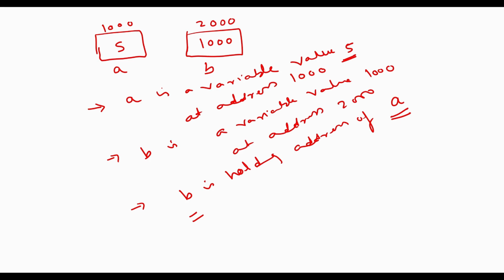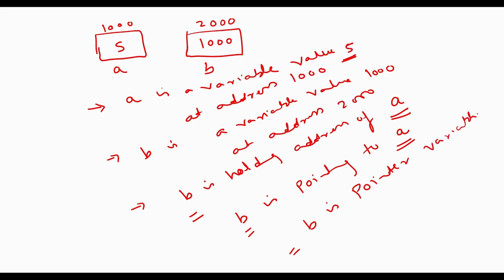If I make a relationship, B is holding the address of A. So I can say B is pointing to the variable A. Now I can say B is a pointer variable.